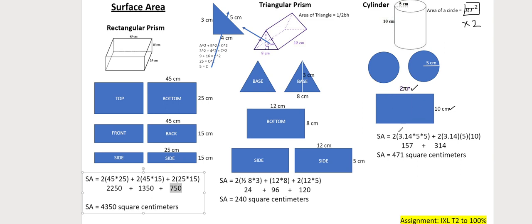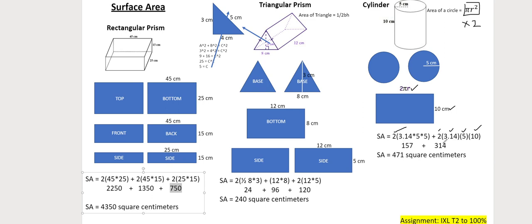So if you take a look over here, I have 3.14 for pi. The radius is 5, so 5 times 5. This will give you the area for one circle, but because we have two, you multiply it by 2. And then we have 2 pi r, so it's 2, and then the pi, and then the radius, and then multiply that by the height, which is 10, and that gives you 314, and here's 157.